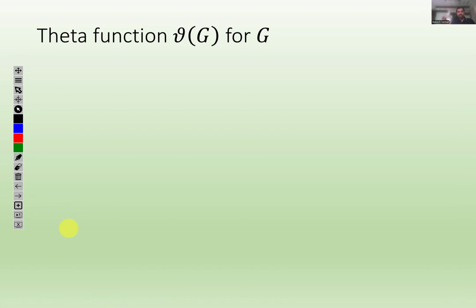So let's define the theta function, which is basically the following. You're given a graph G. There are multiple orthonormal representations possible for it. Each gives different values, right? And now the theta function for a graph G is the value of the orthonormal representation which gives the minimum value, right?